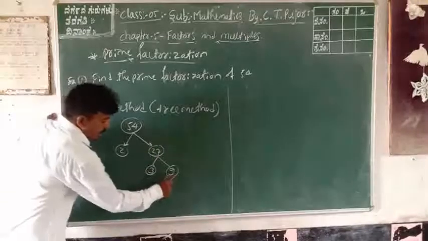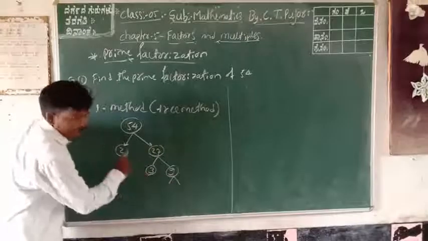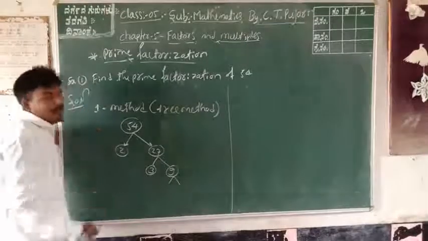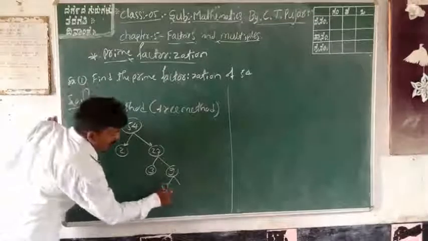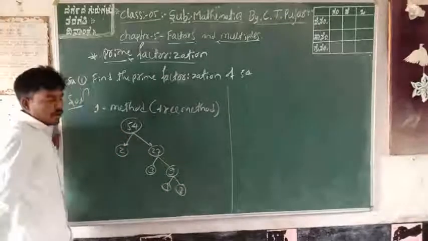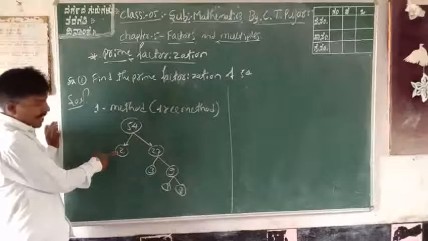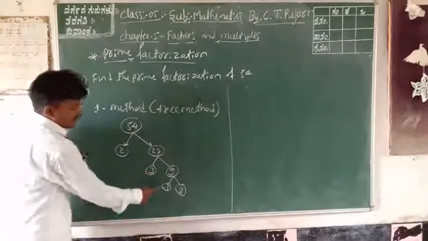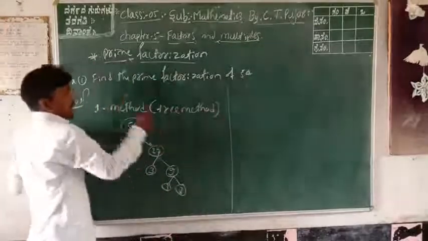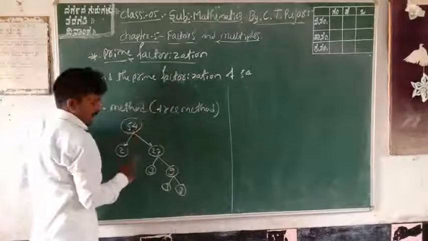This 3 is prime, so that is over. Next, 9 is a composite number, and you can express it as 3 and 3. So 2 is a prime, 3 is a prime, 3 is a prime, 3 is a prime. This number 54 is expressed in its prime factorization.